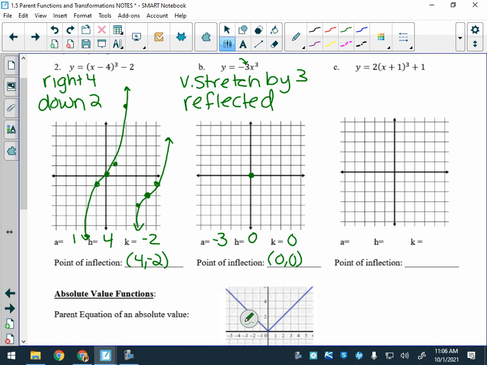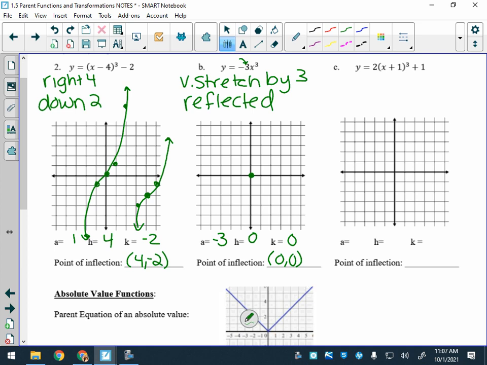Careful. It's a vertical stretch and it's reflected. So what's going to change? The Y values, because what do we have to do to our original Y values? Are we adding, subtracting, multiplying, dividing? Right. Multiply.